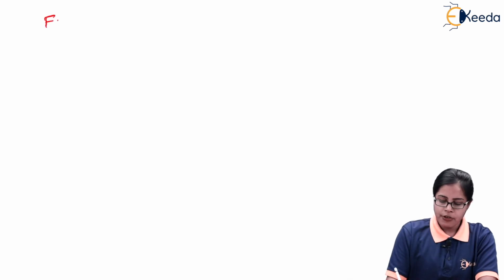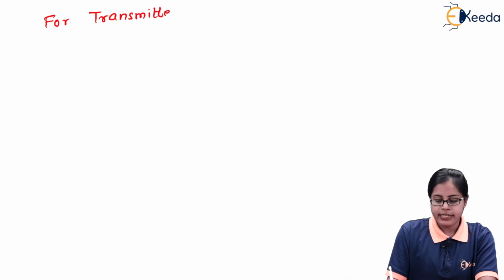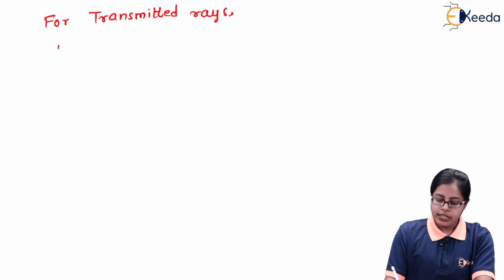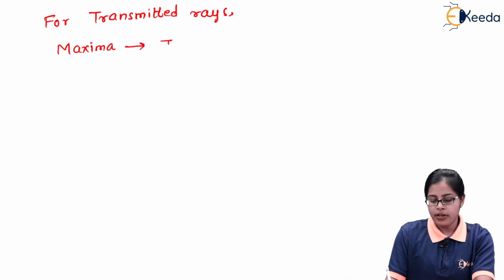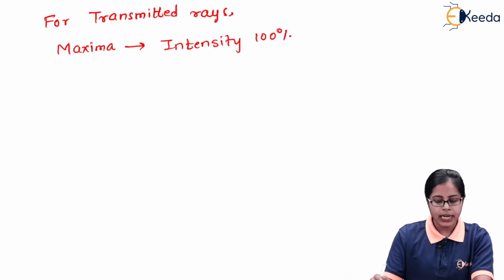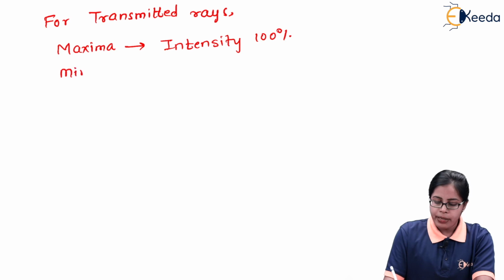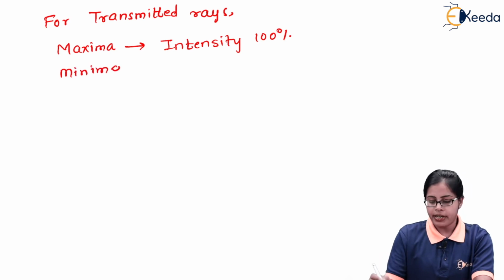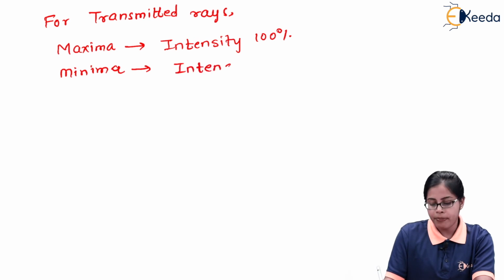So for the transmitted rays, the constructive interference, or maxima, has an intensity of around 100% of the incident ray. That is, the whole intensity is completely bright. And minima, which is obtained for the transmitted rays, has an intensity of around 85% of the incident ray.